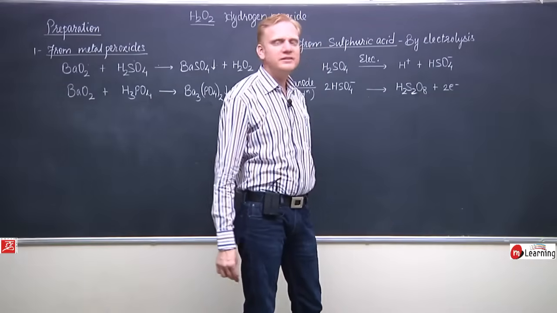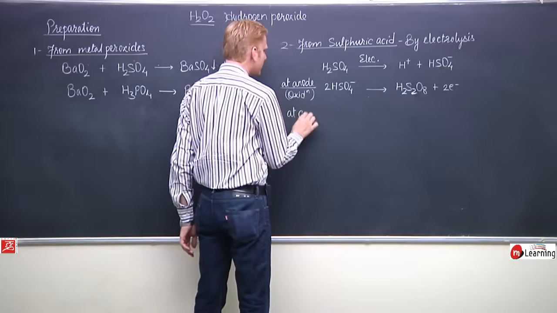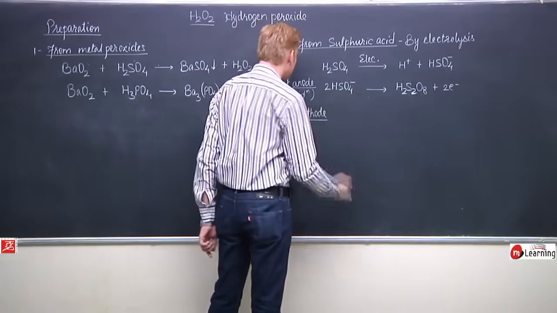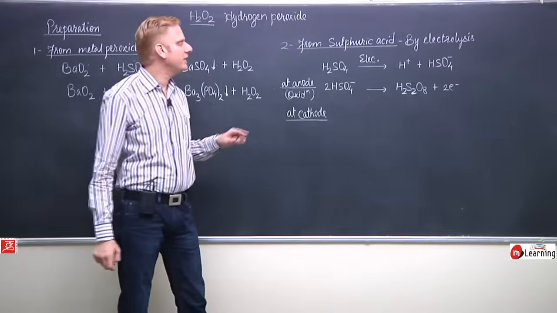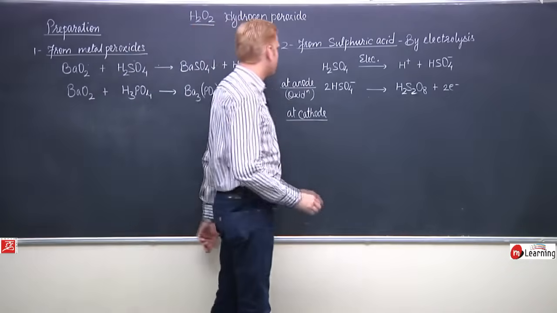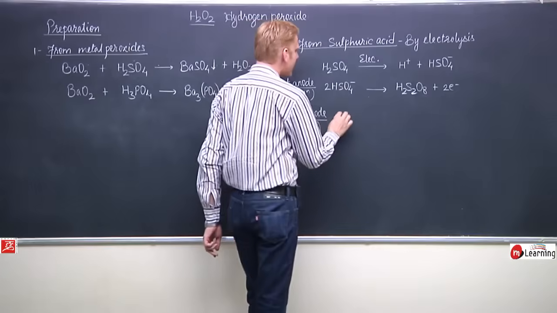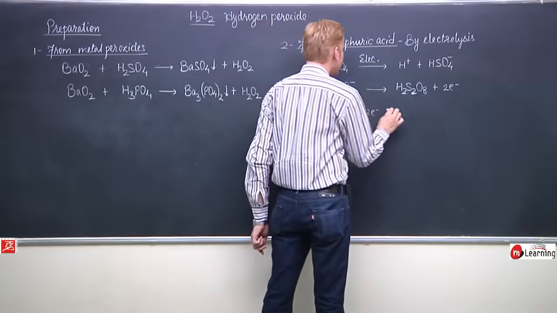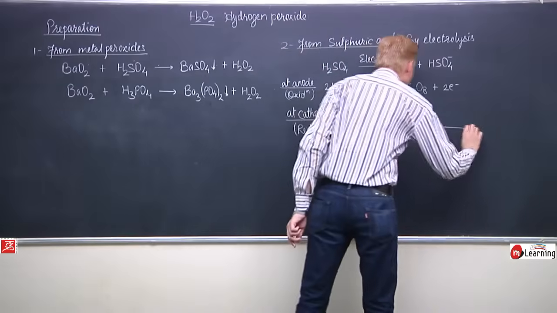I am coming to the details of H2S2O8. Before coming to that, let us talk about the things happening at the oppositely charged electrode, cathode. Cathode is the negative electrode in the electrolysis process. Cathode is the electrode where reduction reaction takes place. So H plus ions undergo reduction to form hydrogen gas.